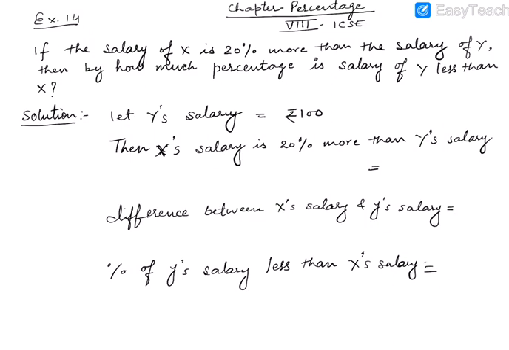There are two persons, person X and person Y. The salary of person X is 20% more than the salary of Y. Then by how much percentage is the salary of Y less than X?